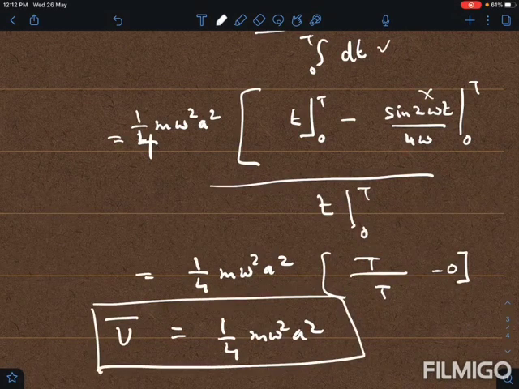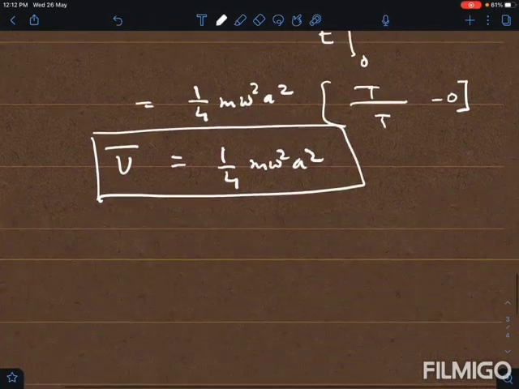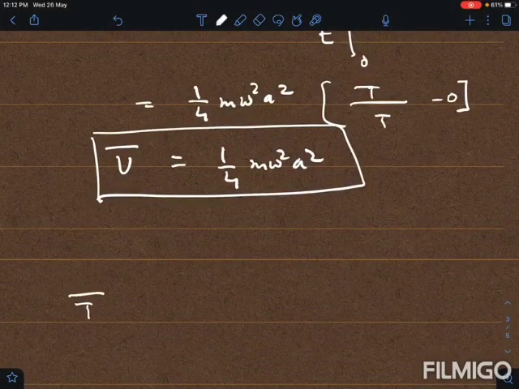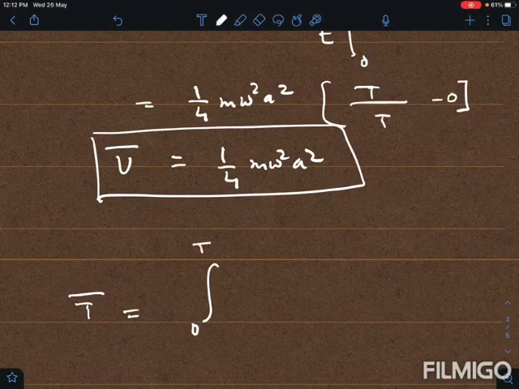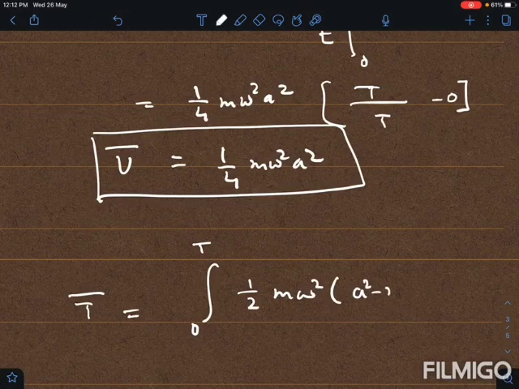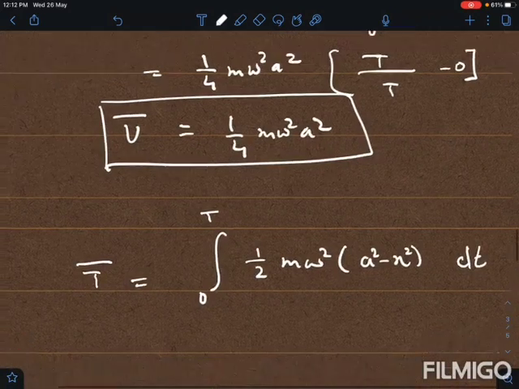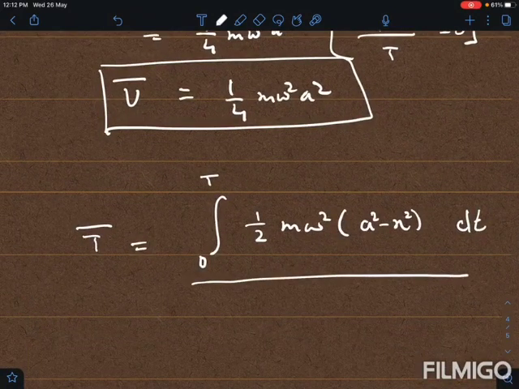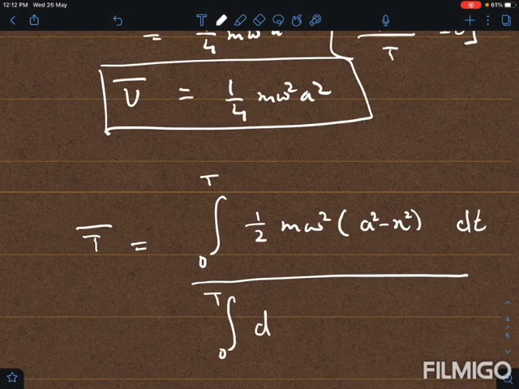Now in the case of kinetic energy, T bar, the same procedure is repeated. So you have kinetic energy equal to the integral 0 to T of half m omega square into (A square minus x square) dt, the whole divided by integral 0 to T dt.